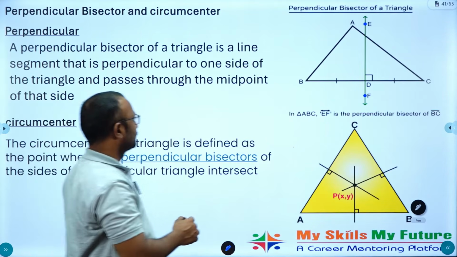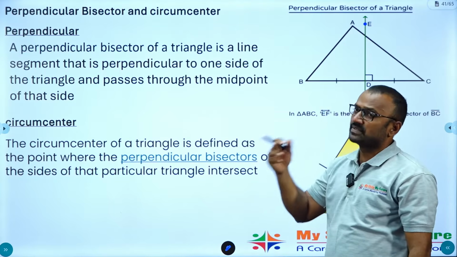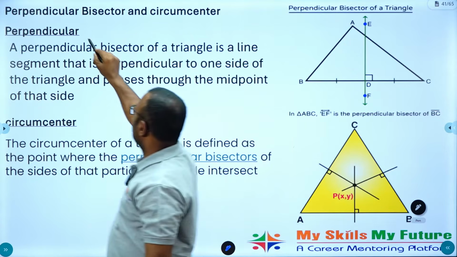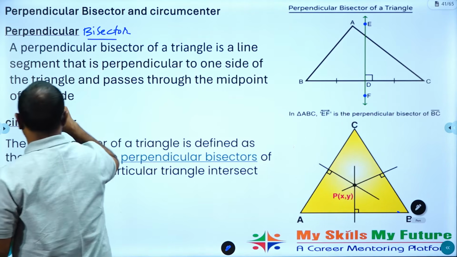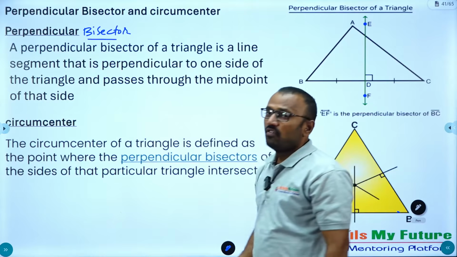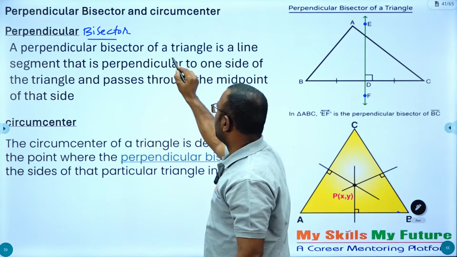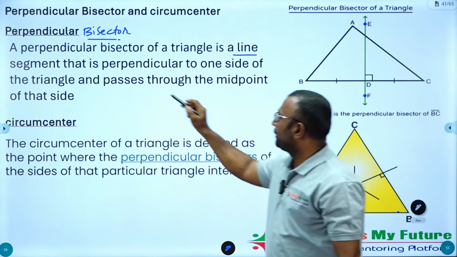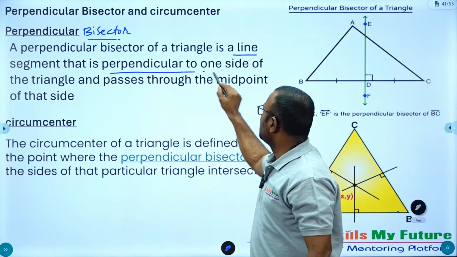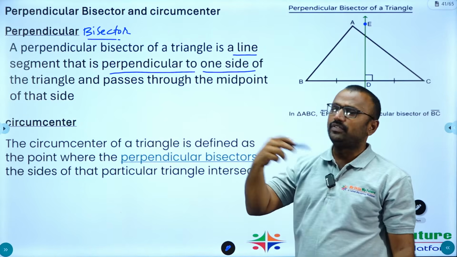Next one, perpendicular bisector and circumcenter. What is a perpendicular bisector? A perpendicular bisector of a triangle is a line segment that is perpendicular to one side of the triangle and passes through the midpoint of that side.